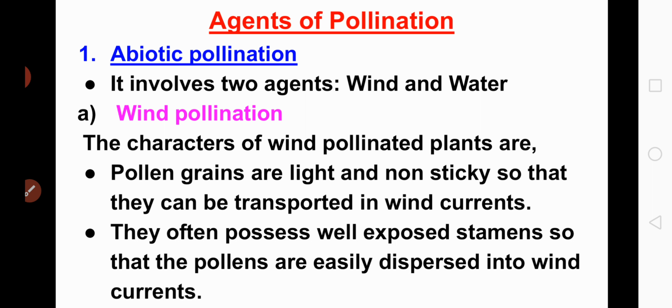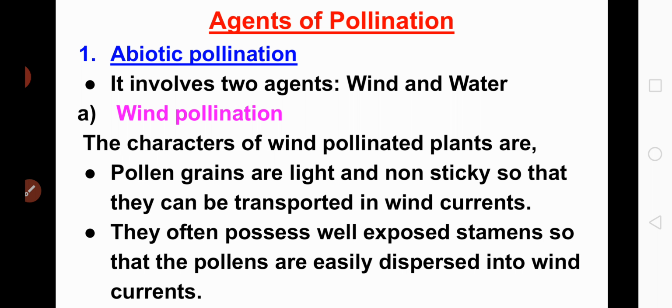The abiotic agents involve two types, wind and water, whereas biotic pollination includes animals.